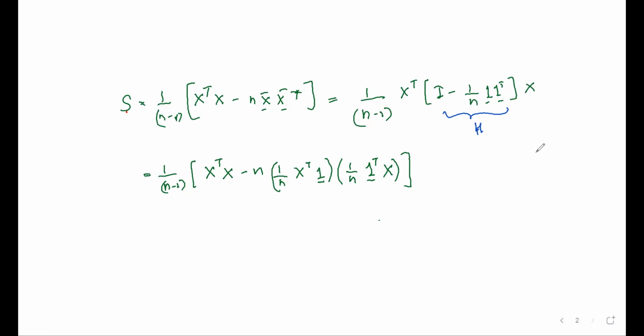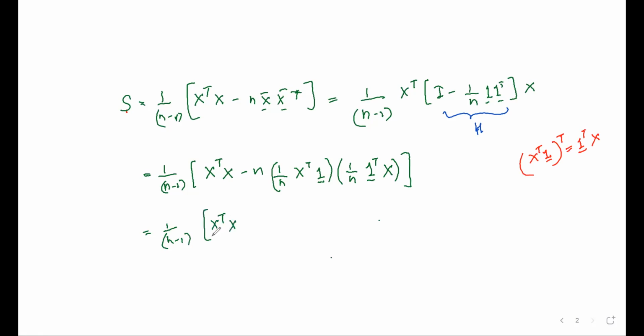So what I just said is x transpose 1 transpose equals 1 transpose x transpose is x. So that equals 1 over n minus 1 x transpose x minus n times 1 over n squared x transpose 1 1 transpose x.